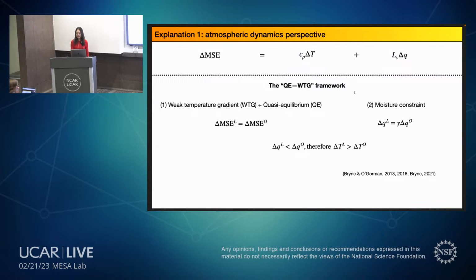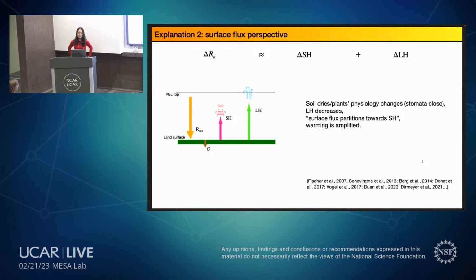And there is a moisture constraint, which assumes that the moistening over land is a fraction of that over ocean. Because it moistens less over land, land warms more. This perspective was first applied to understand the mean land-ocean warming contrast, but it is recently applied to understand variability as well.